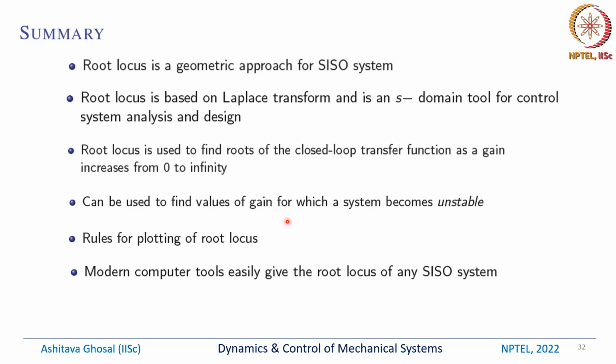So very few people would use all the rules to sketch the root locus, because modern computer tools easily give the root locus for any single input, single output system. And I have shown you a small video of how we can use MATLAB to plot the root locus of an example system.